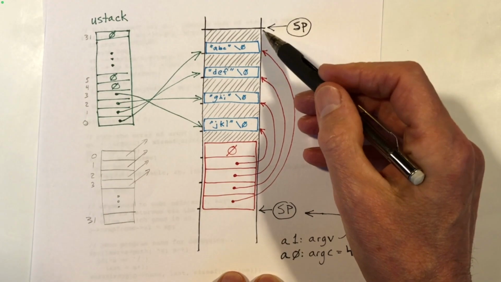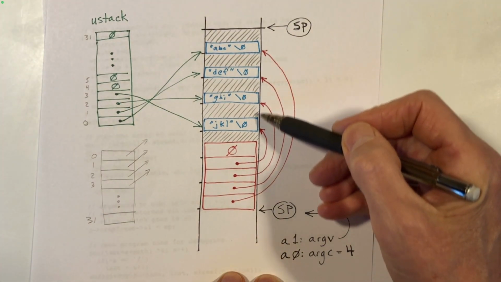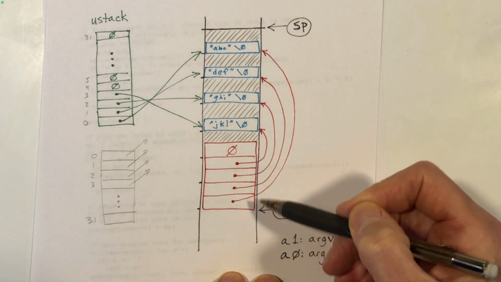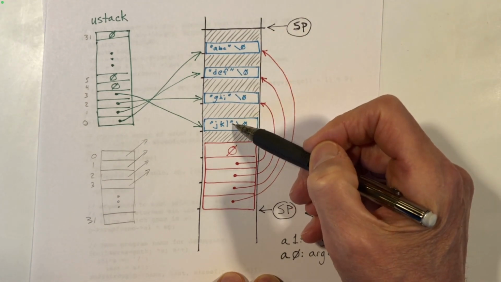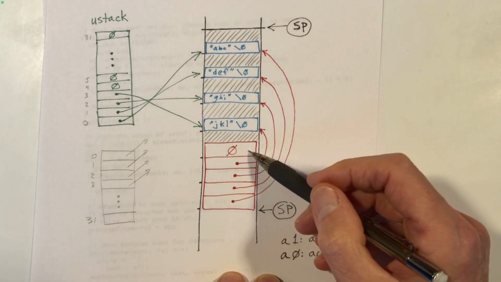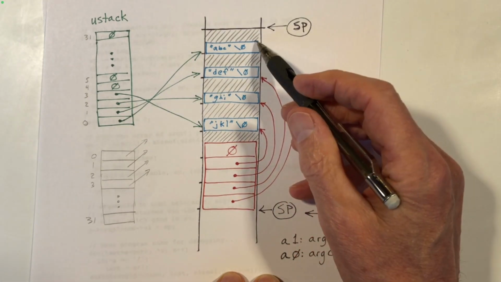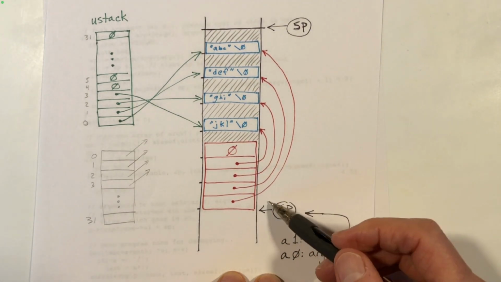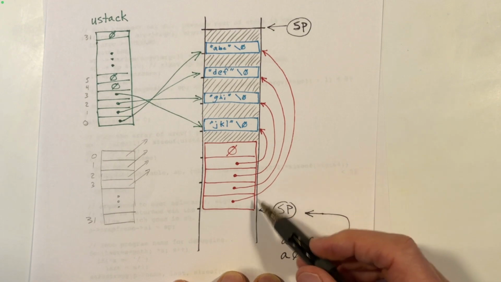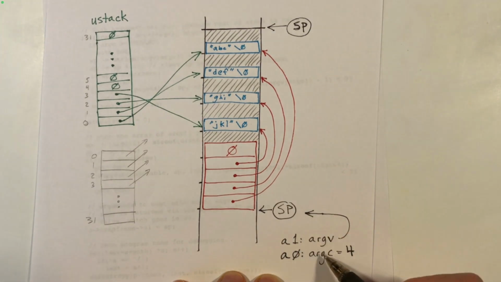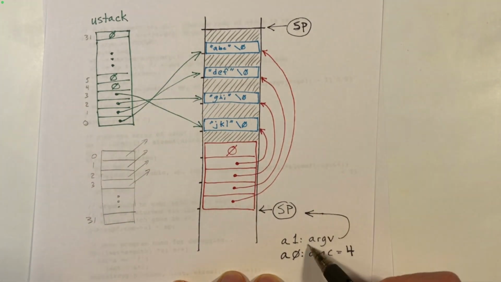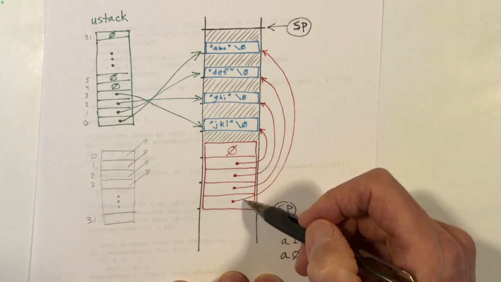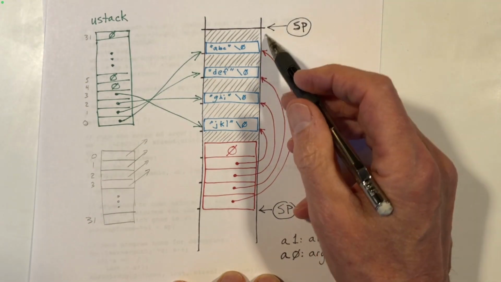We start with an empty stack, and the stack will grow downward in this direction. We want to push each one of the 4 argument strings onto the stack, and we want to push an array with pointers to those strings. Then we will pass to the main function of the new program both argc, which will be 4 in this case, as well as argv, which is a pointer to an array of pointers to the strings.